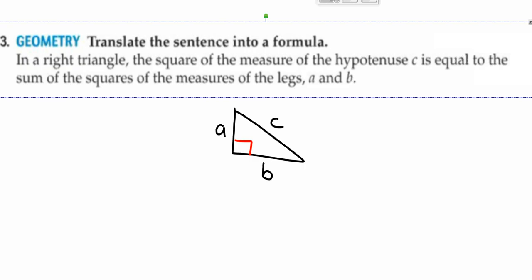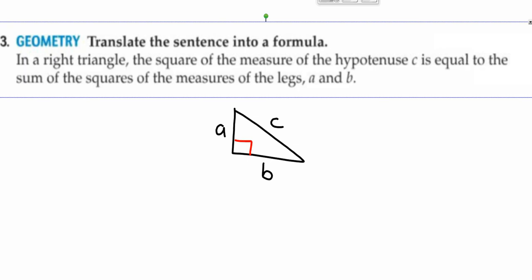Well, this is saying the square of the hypotenuse is equal to the sum of the squares of the measures of legs A and B. So the square of the hypotenuse would be C times C. Well, that's C squared.